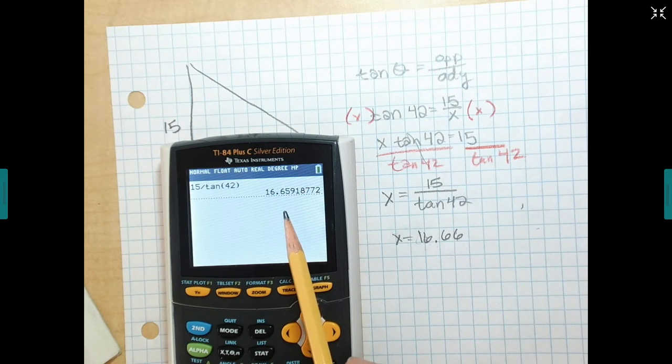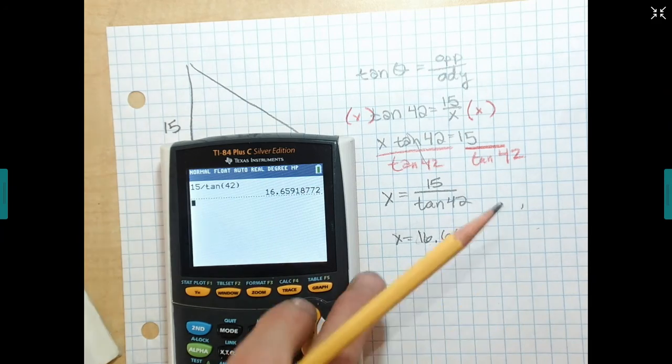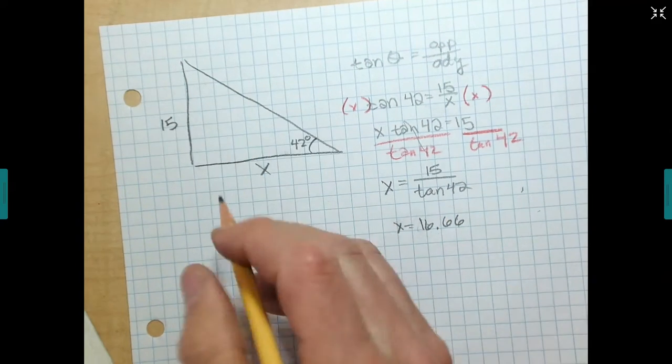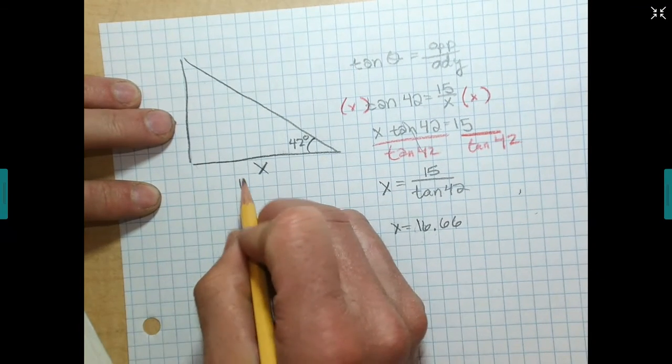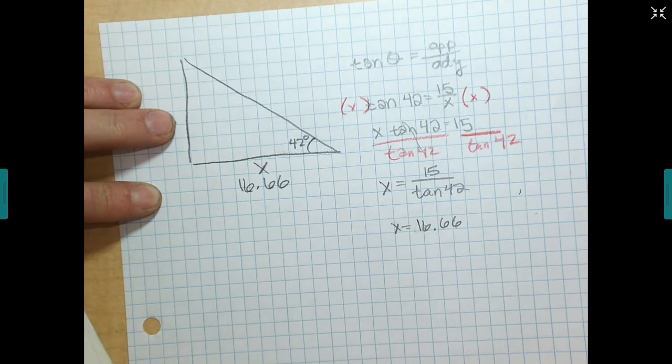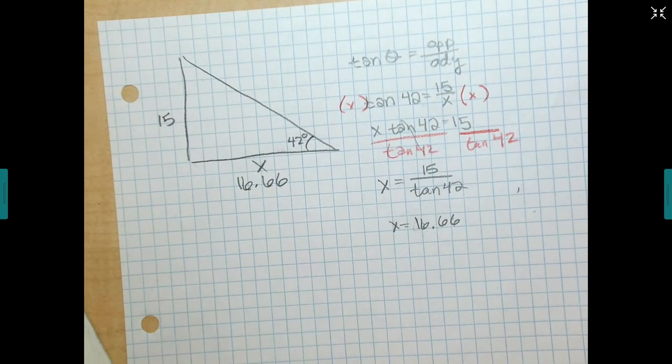So I have 16.659, and the 9 rounds up the 5 to a 6. So the side length is 16.66. There you go. Now you will be able to solve all your problems.